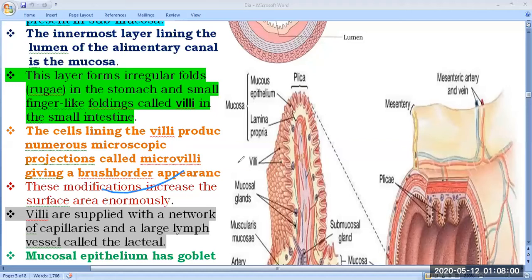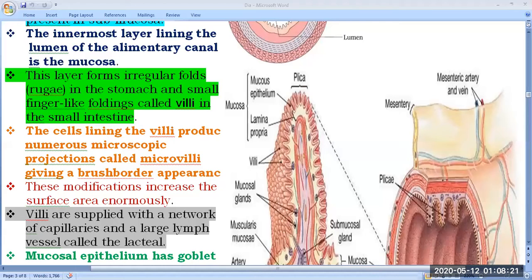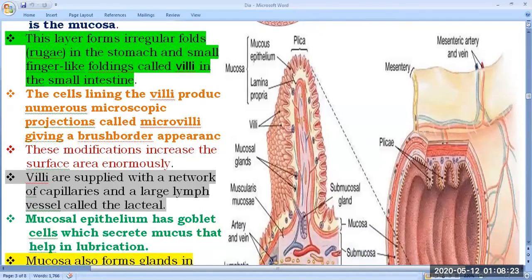Okay, so here the basic function of villi. What is the basic function? It is a modification that increases the surface area enormously. And you know very well, in the small intestine, this villi also involves in the absorption of fat. So this is also a very important role of the villi.